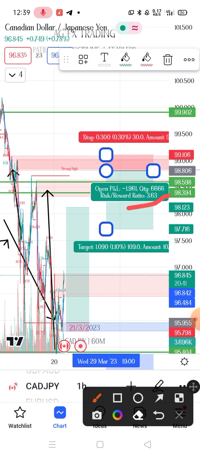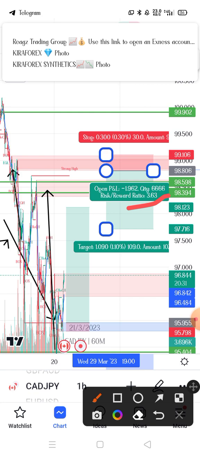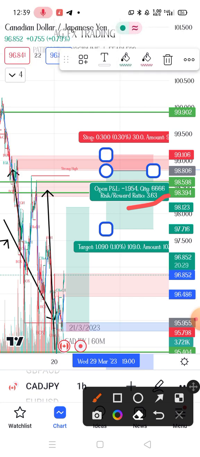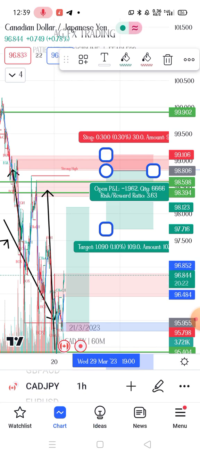So target at least 1 to 3 risk to reward. Alright, so this is basically the bullish order block, how to install your stop loss, your sell limit, or your buy limit. This video has been a long one actually.